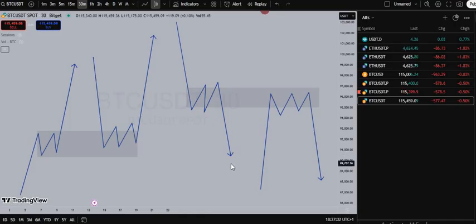Drop base drop as well is a 3 or more candlestick formation, the drop being a bearish candle, the base being smaller sideways price action, and then followed by another strong bearish candle. While the rally base drop is a rally, a bullish candle, the base can be bullish or bearish, it doesn't really matter, it's just smaller sideways price action, and then a drop which is a bearish candle.